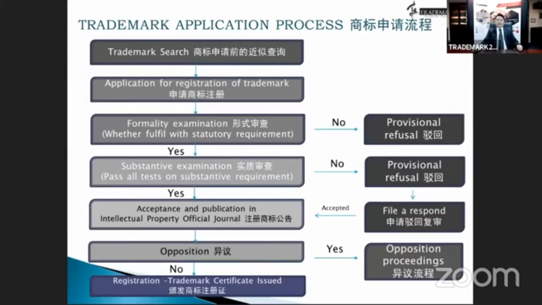Okay. So if during this examination period the registrar or the examiner raises a provisional objection to your application, they will send you a notification of the so-called refusal, or the objection, and you probably have 2 months, based on the standard Malaysian 2 months time, and it can be extended up to a maximum of only 6 months to respond.